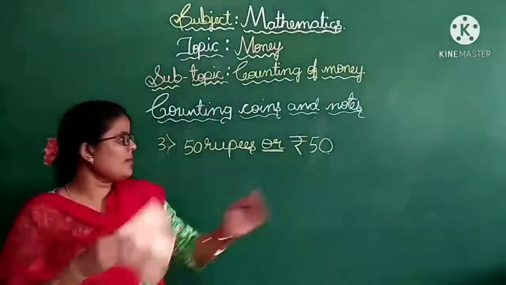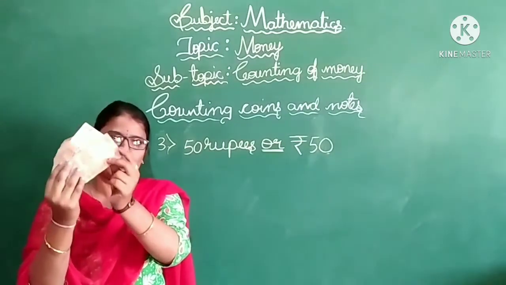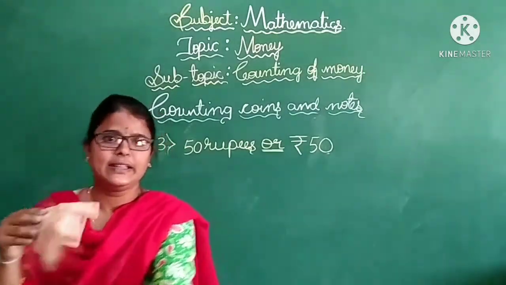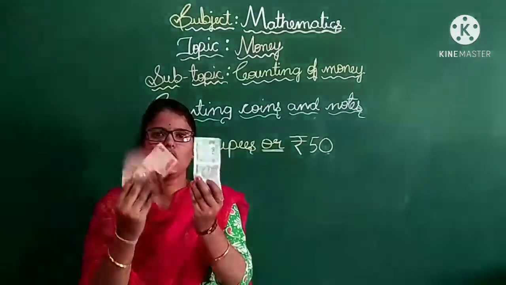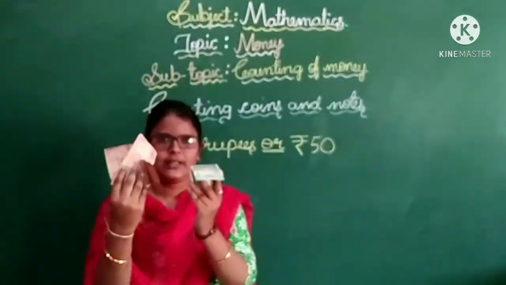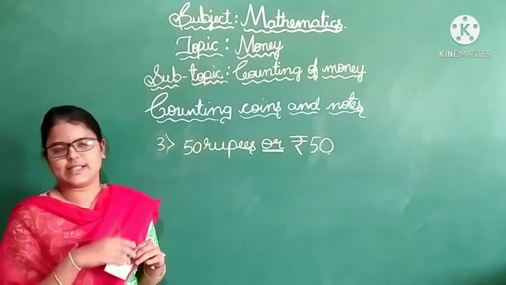Now we can form a 50 rupee note. Two 20 rupee notes plus one 10 rupee note is equal to one 50 rupee note. Okay. Yes. How can it be done? Theoretically or practically, you can see now.